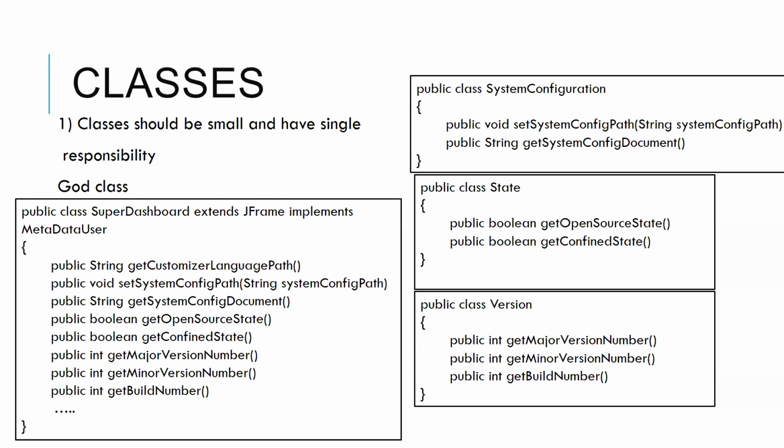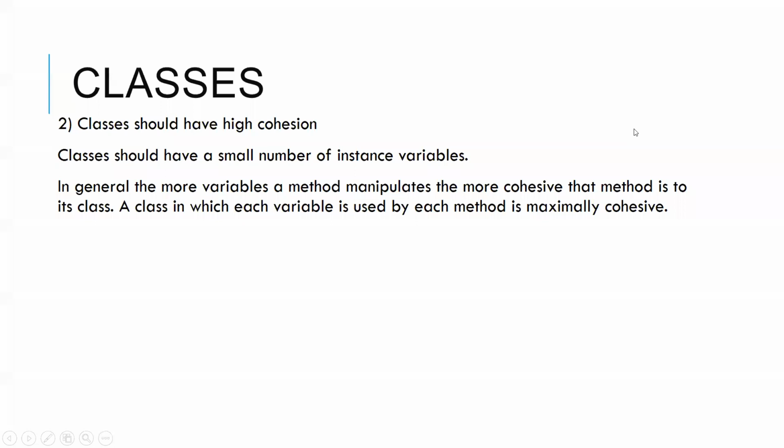But on the other side, if you look at the code on the right hand side, the same God class has been divided into smaller classes, and it has been divided in such a way that each class has just one responsibility. It could have multiple functions, but just one responsibility. Also, it is usually recommended that when you're defining classes, they should have very high cohesion. Classes should always have a small number of instance variables.